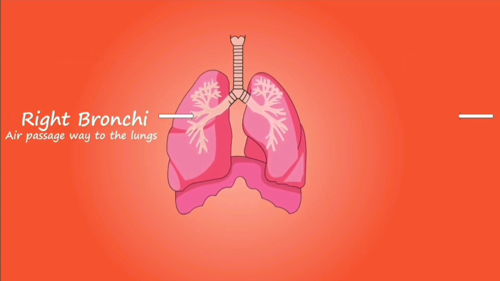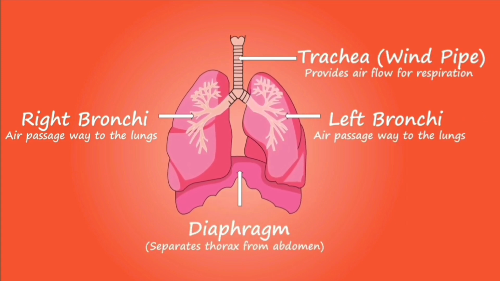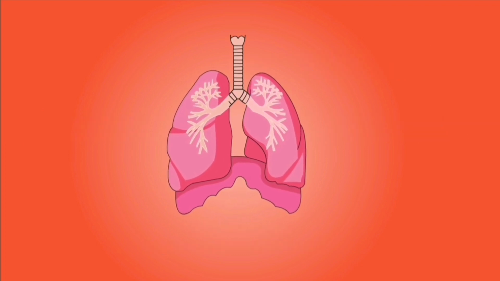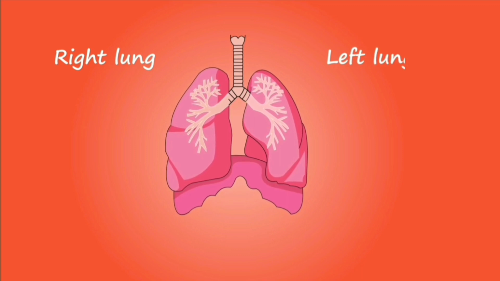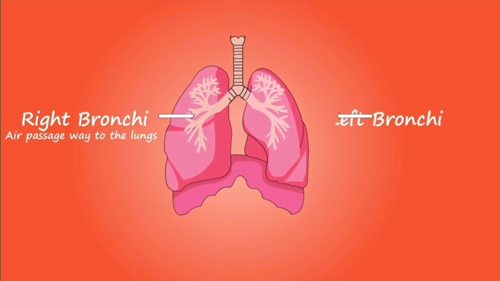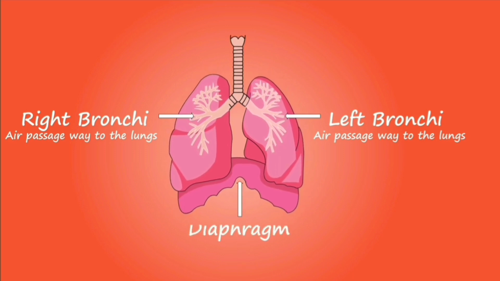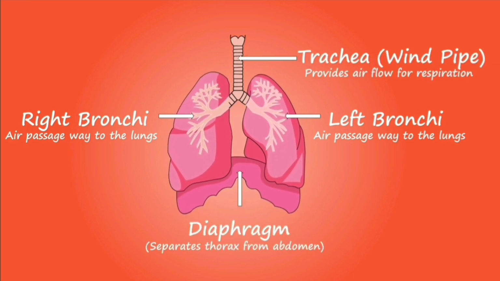So now we'll see how respiration takes place in short. Three steps are involved in respiration. In the first step, air from the atmosphere is taken in. This action is called inspiration. The inspired air via the nose, pharynx, larynx and bronchi reaches the alveoli.